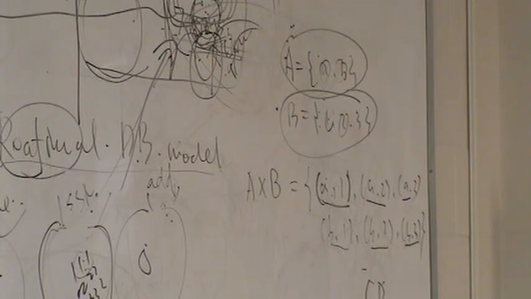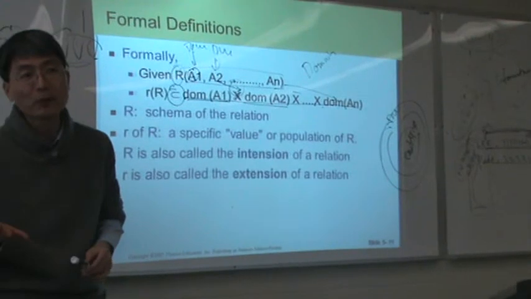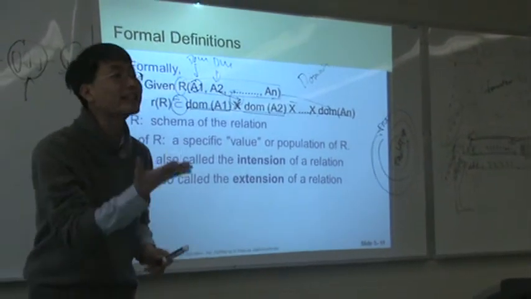Okay? So your head is boiling. You learned about the concept of set theory in your elementary maths. That's the same. So this is a formal definition of the relation concept. At this time, capital R usually represents the name of the relation, while lowercase represents each tuple, each data.